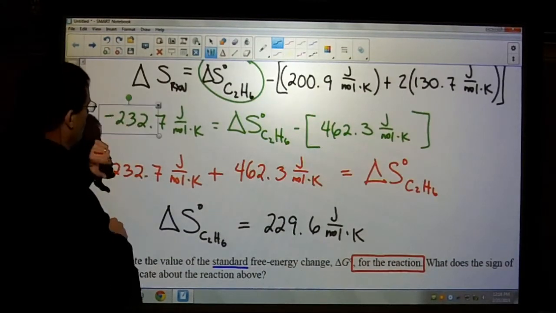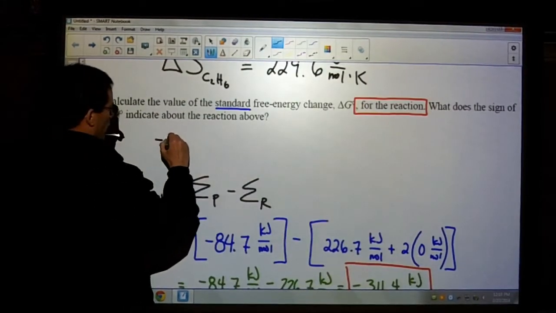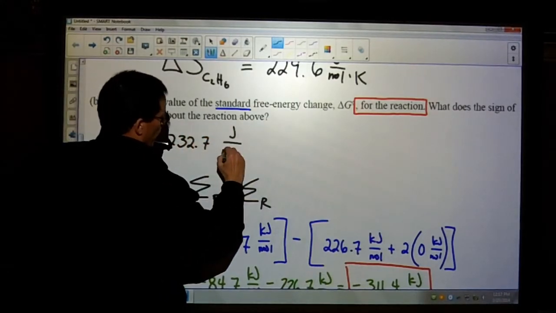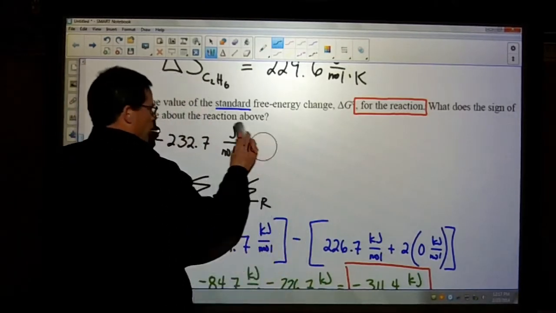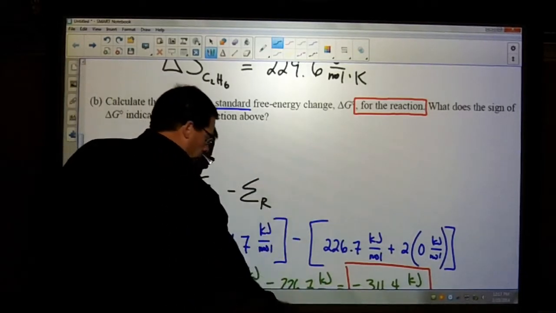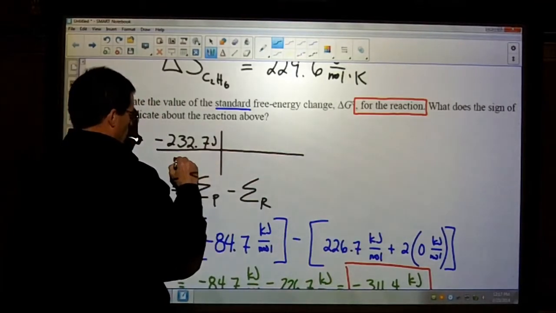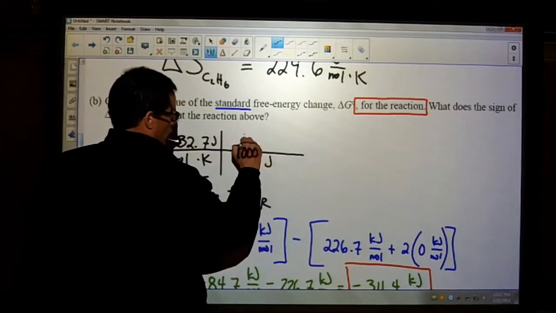If we have a negative 232.7 joules per mole Kelvin, then we know there's 1,000 joules in a kilojoule.